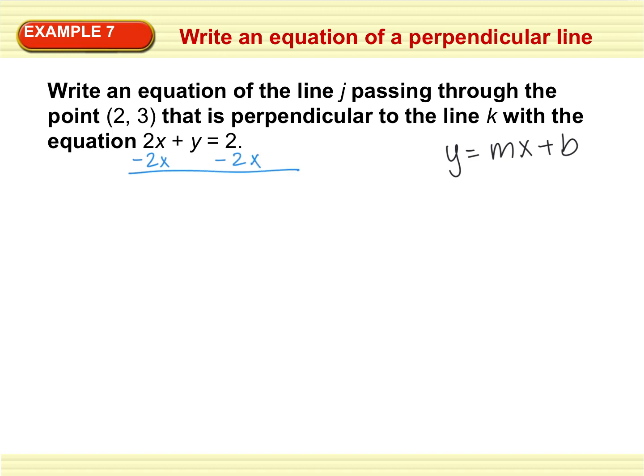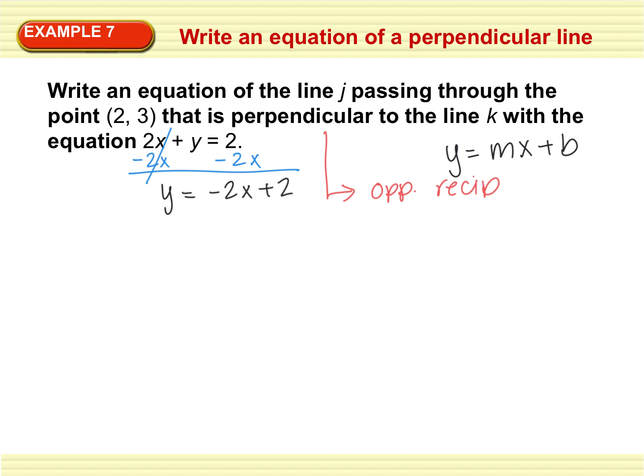We're not done. I'm going to get y equals -2x plus 2. They're telling me perpendicular. Good. My perpendicular has to be opposite reciprocal. So I know part of my answer.